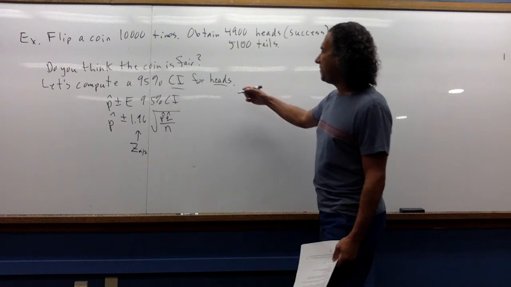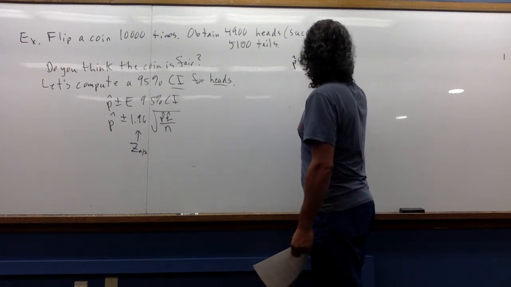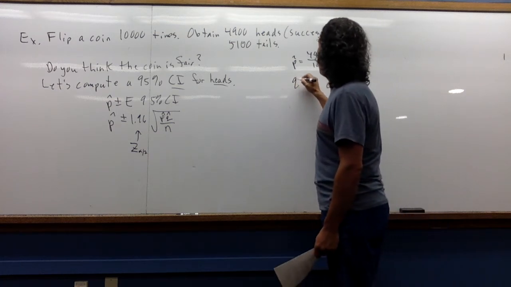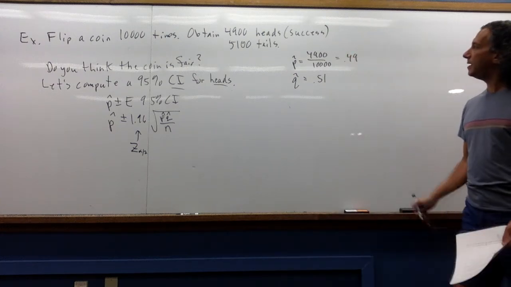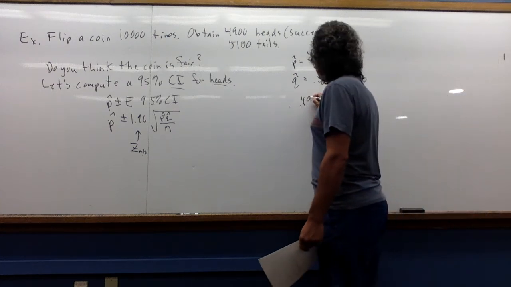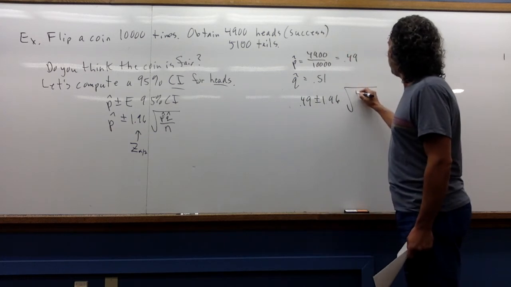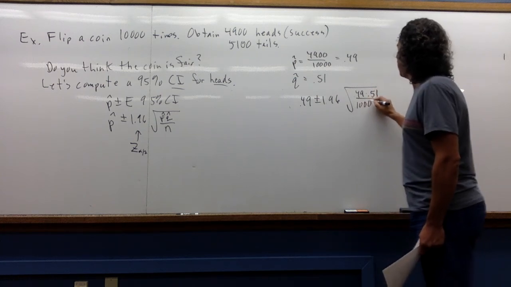Okay, so hopefully you said that p hat, well that's just the 4,900 over 10,000. So that's 0.49. q hat is going to be 1 minus that, or 0.51. So we get 0.49 plus or minus 1.96 times the square root of 0.49 times 0.51 over 10,000.